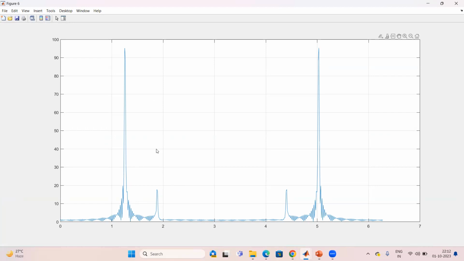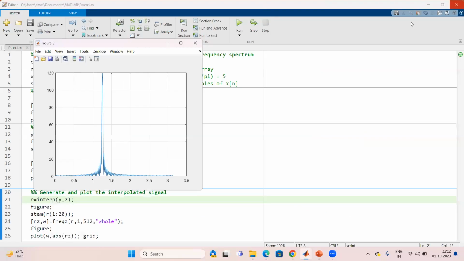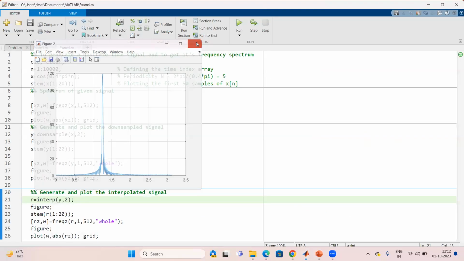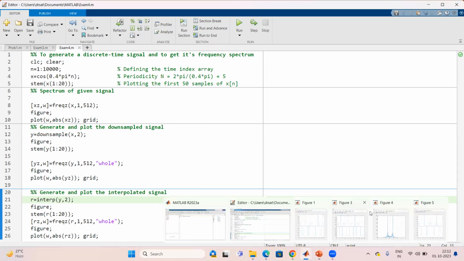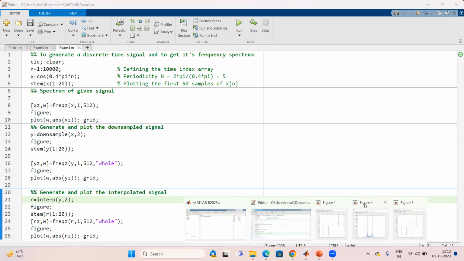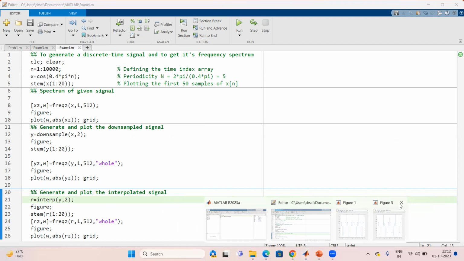This way you are going to get your reconstructed signal. One more thing I would like to mention is about the frequency component on the X scale, which you can also get in terms of the original analog frequency.